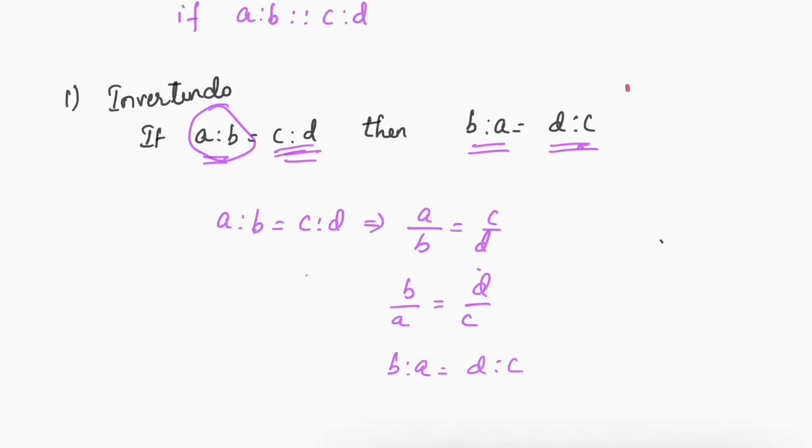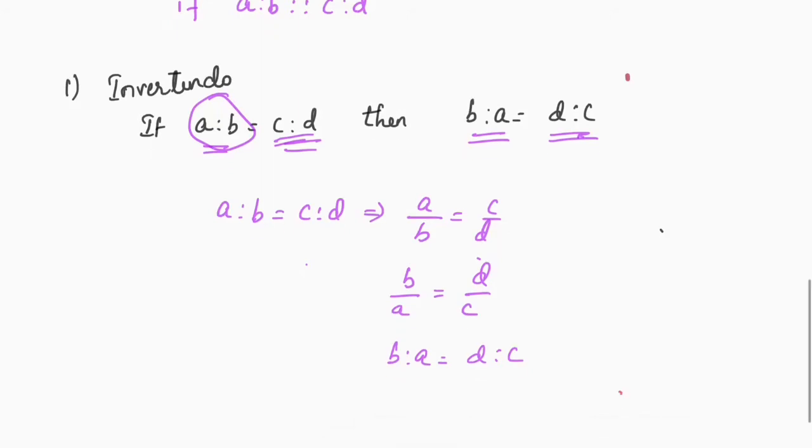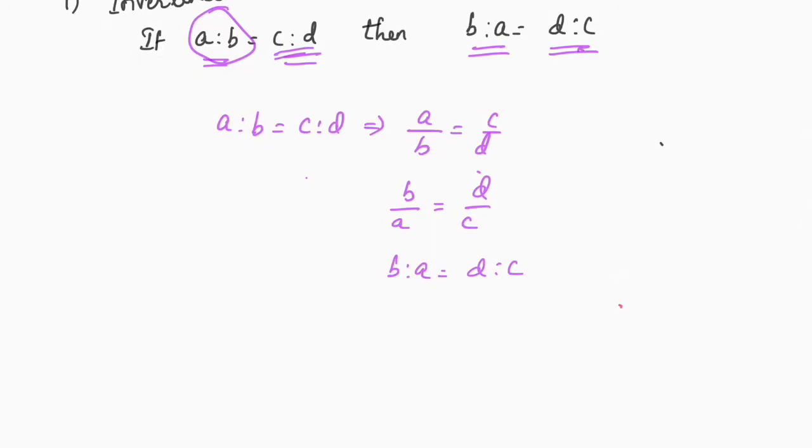Now the other properties, I am not going to prove for you. I will just explain them. You could just go through your textbook, then you will get a clear idea about the proofs. I am just explaining the properties only, and noting them down here. Using these properties we will be solving our problems. Now coming to alternando.